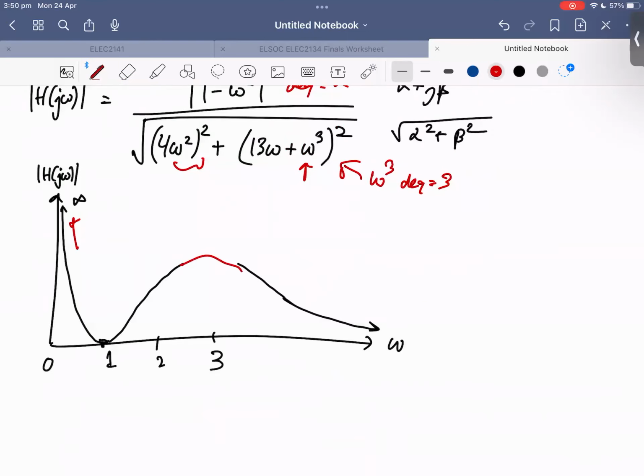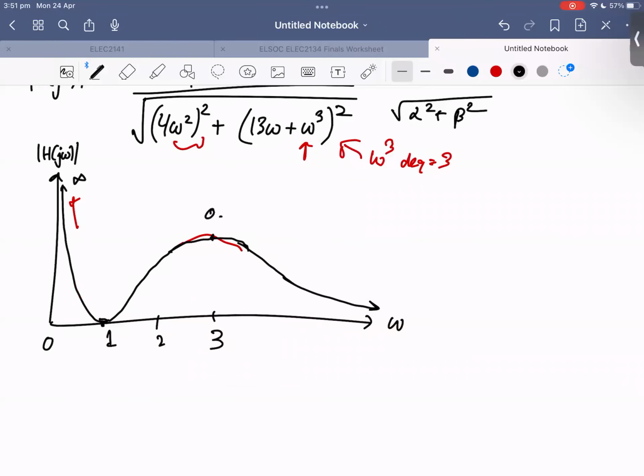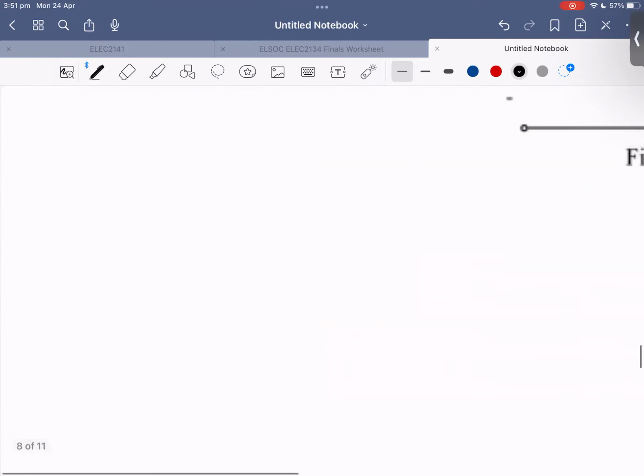And then for the actual value, you can just go ahead and sub in omega equals 3, which gives me 4 times 3 squared plus... which gives me like 0.106. Yeah, and so that's how I would do that question.